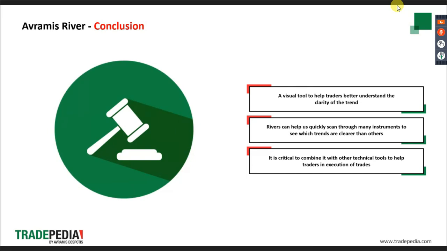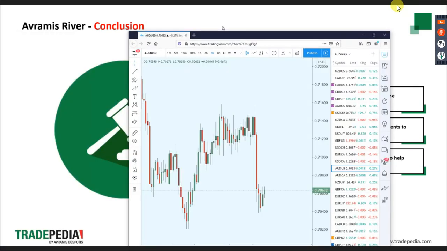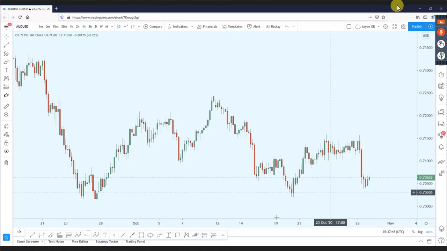If there's any questions, please put them in the questions tab. All right, so I'm going to be using this chart. So firstly, we have Aussie USD.